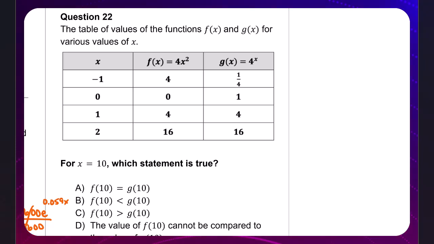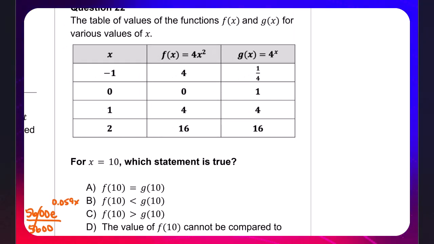So question 22 addresses this concept as well. It's basically asking you to compare not with large values, but with a very specific x value of 10. But as long as you understand the concept, you can easily answer this question without really doing any math. So this 4x squared here, this is quadratic.